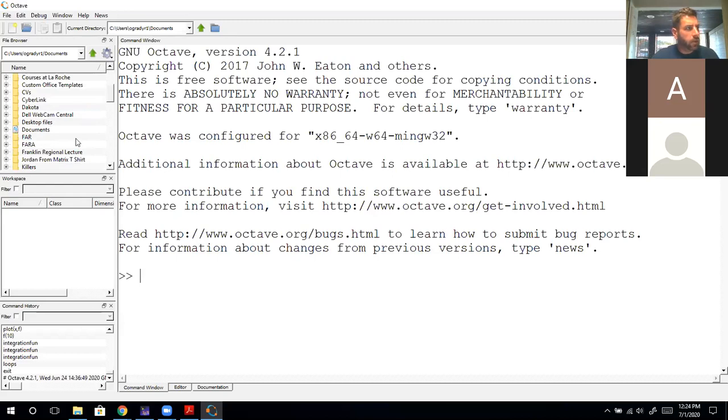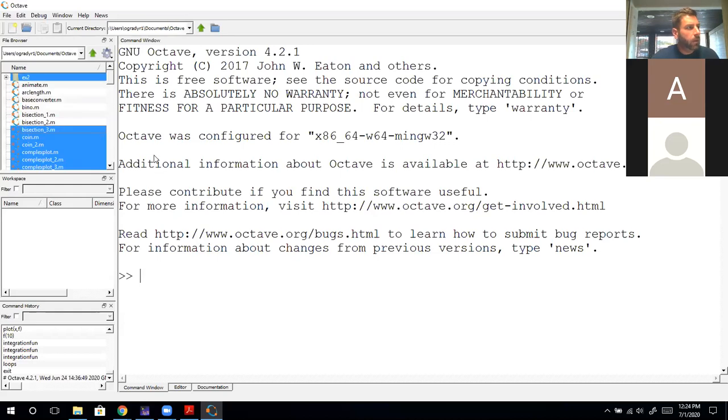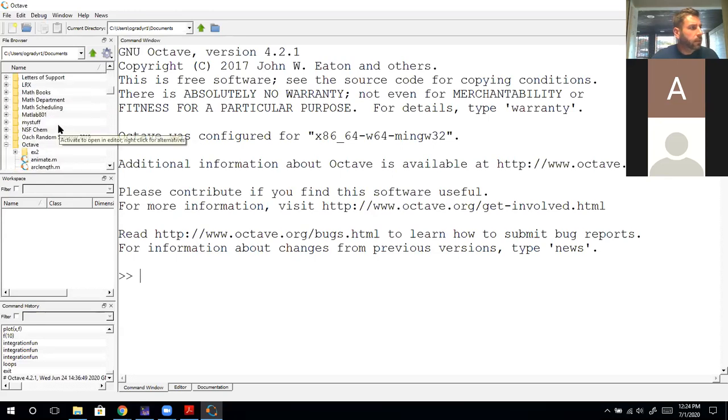First thing I do is I go to this window on the left and I make sure I open whatever folder that I'm going to have my files in. So for me, I have all this saved in my Octave. But to make life easier on you guys, I'll go back up one and I'll go to my folder for this class. So maybe I'll go to, where's it at?